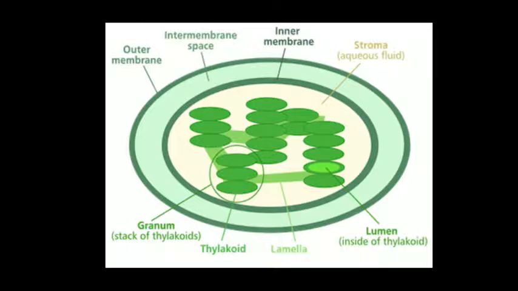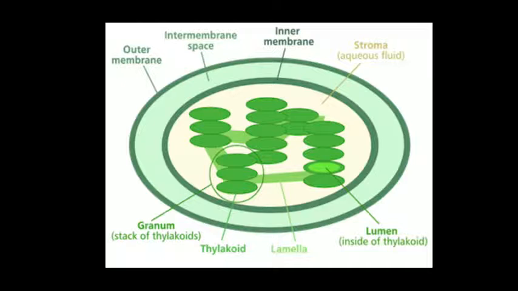So it consists of three membranes. First one is the outer membrane and inner membrane. Between the outer membrane and inner membrane there is the intermembrane space, and the aqueous fluid-like structure inside the chloroplast is called the stroma.